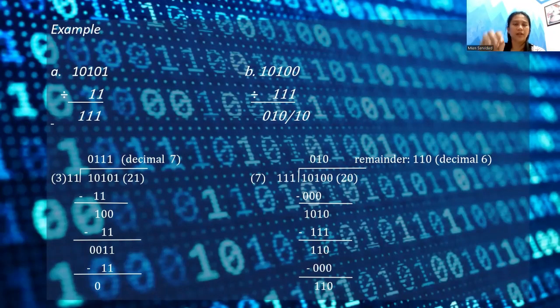So example letter A is 10101 divided by 11 is equal to 111. So how do we get that? We need to divide it.